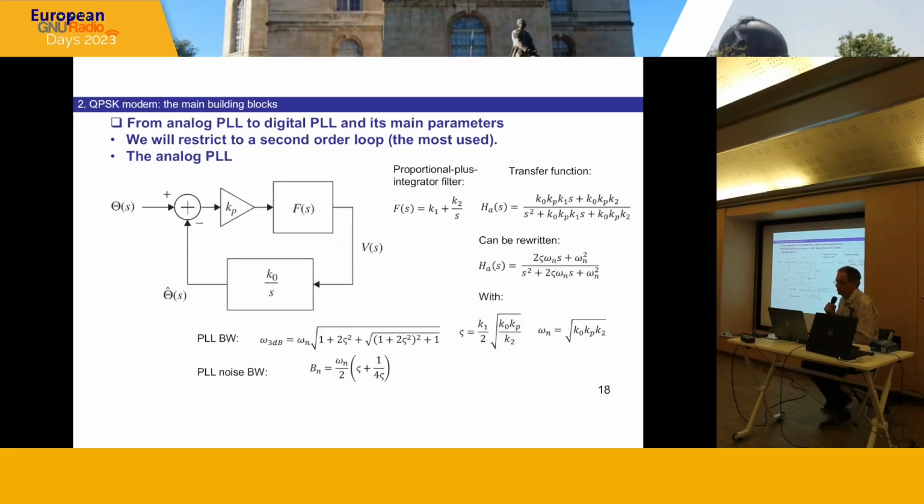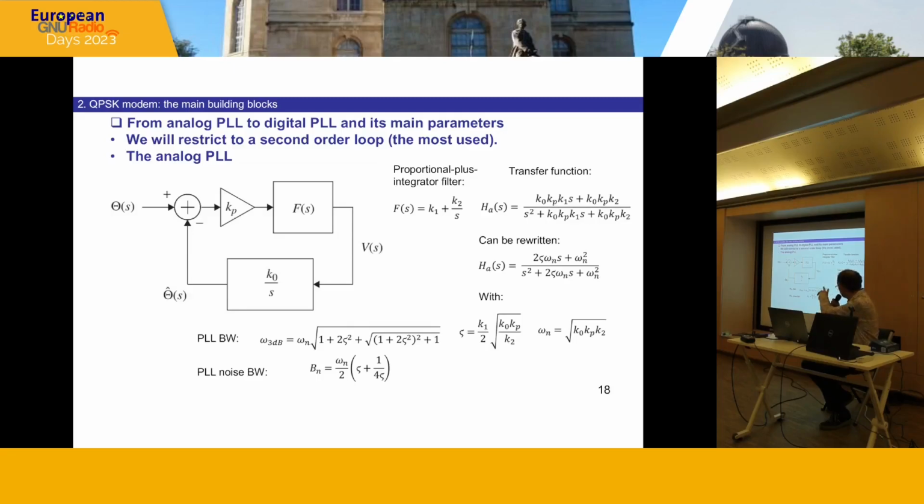To be able to design these loops properly, you need a minimum of elements about PLLs. Here I've represented the analog PLL with all the classical parameters. It's a second order function with zeta and omega n, the natural frequency. The parameter that's going to be very important for us is the PLL noise bandwidth, and that's going to be the key element.